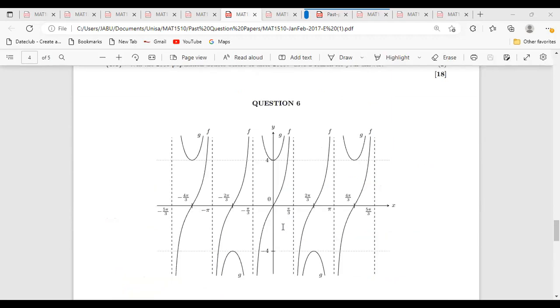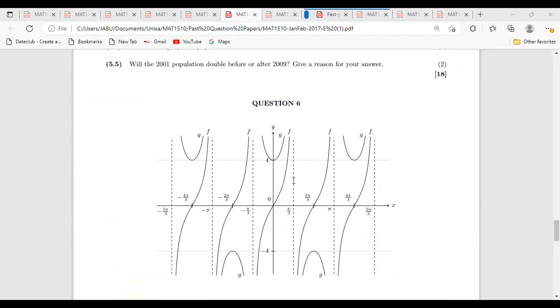So what do we know about a tangent graph?